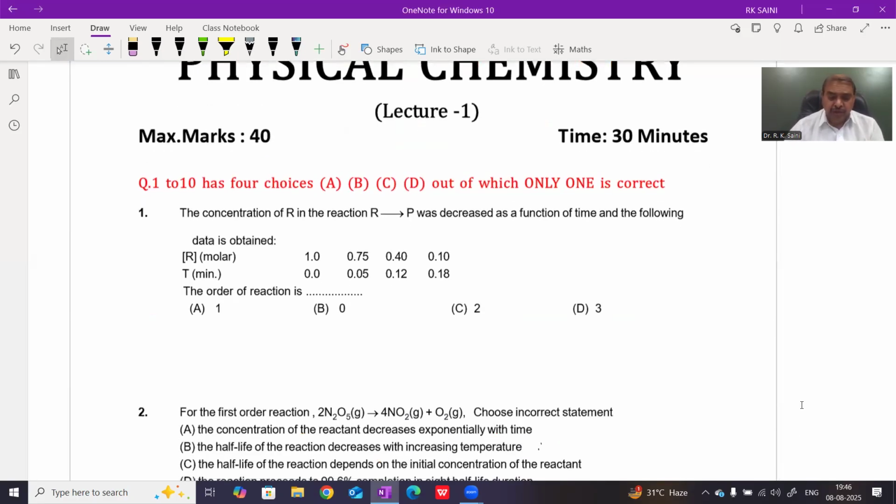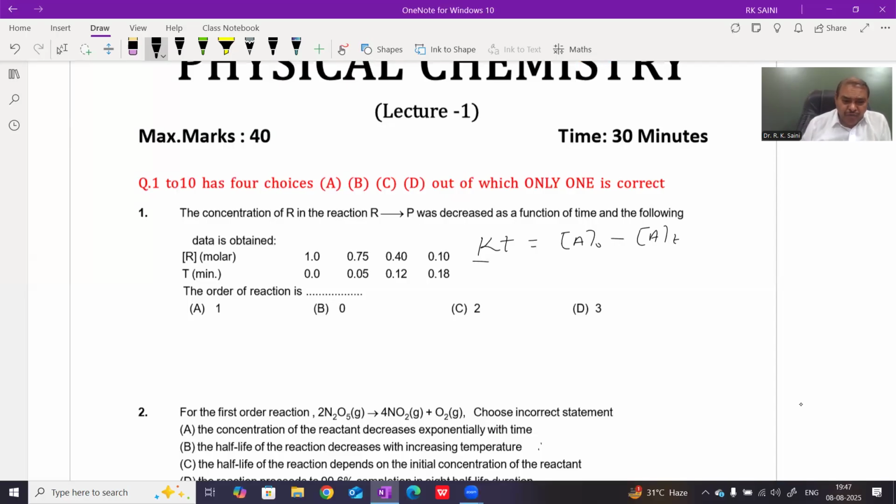If the rate constant is equal for all data, then we confirm the order of reaction, and if not equal, then we use another integrated rate law equation. For example, in this question, we use the integrated rate law equation of zero order: Kt equals A naught minus At, and putting in the values we find K.